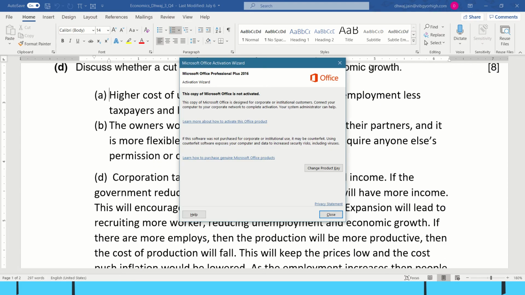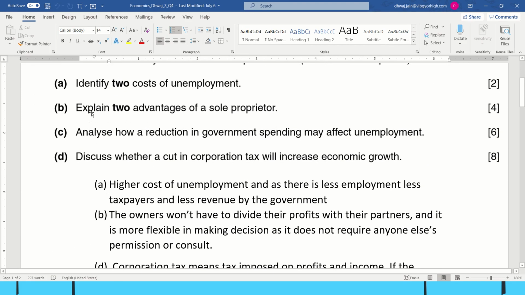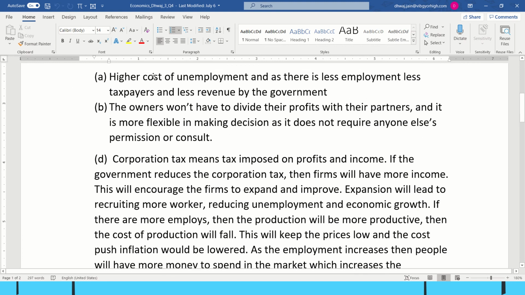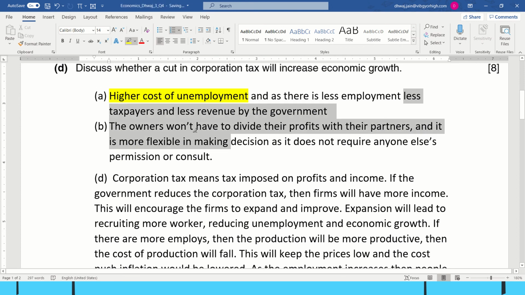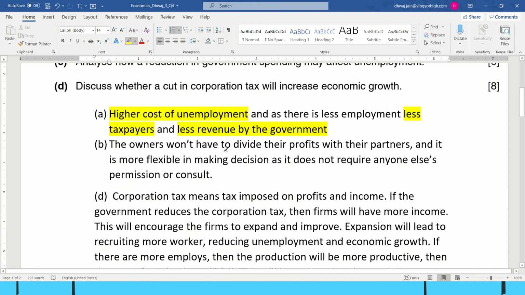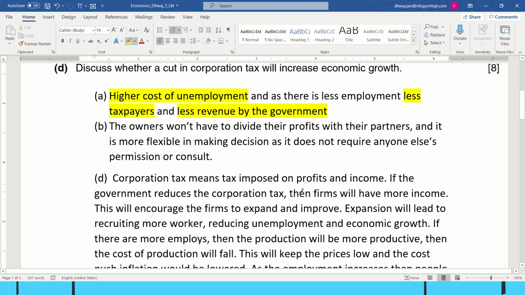So if you look at this, the same question, two costs of unemployment: higher costs of unemployment benefits, and as there is less employment, less taxpayers and less revenue for the government. So I have written at least 3 points just to be on the safe side.